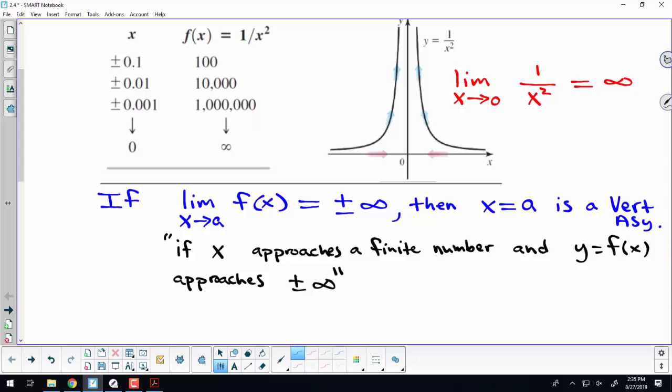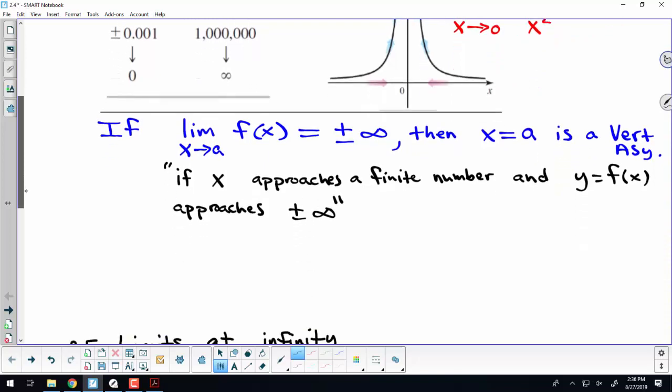But in the context of a limit, if you approach any finite number on any function and your y value is infinity or negative infinity, then you've got a vertical asymptote at that x location, at x equals a. So that's what we're looking at in 2.4.